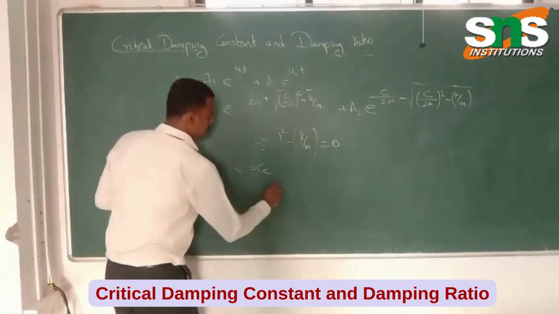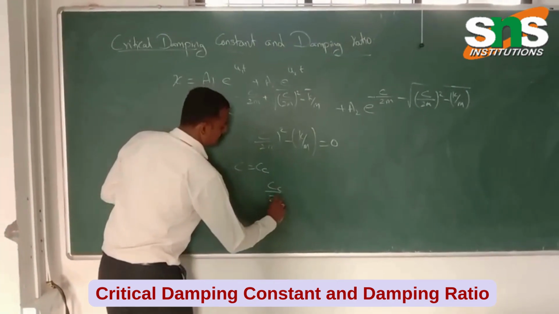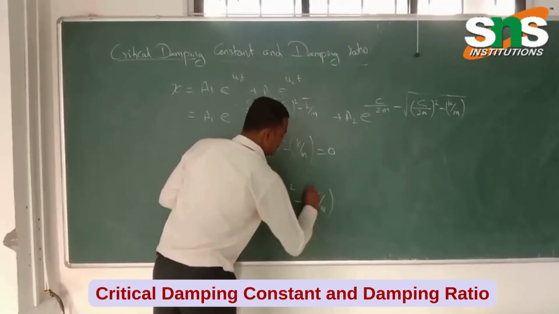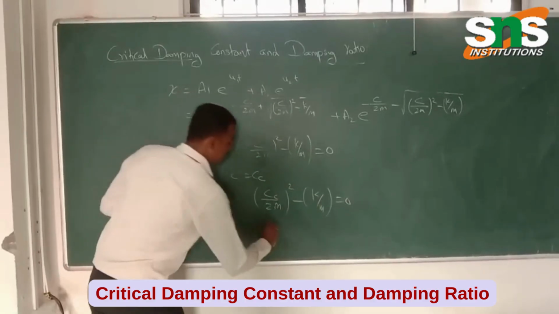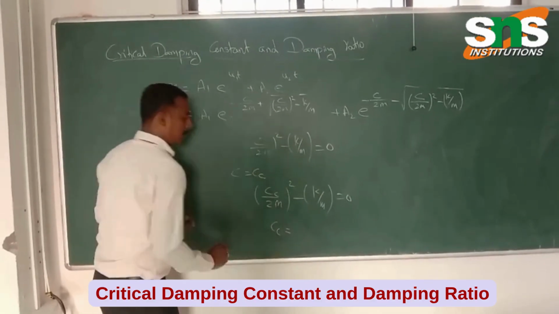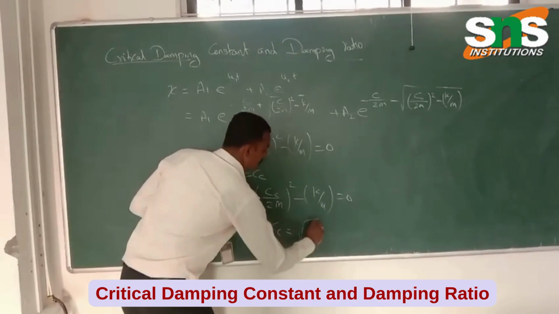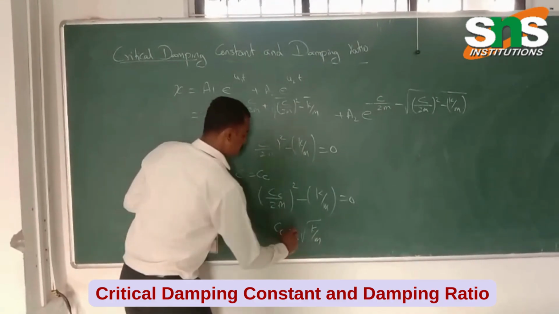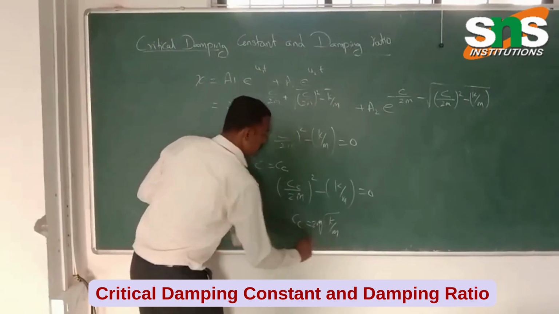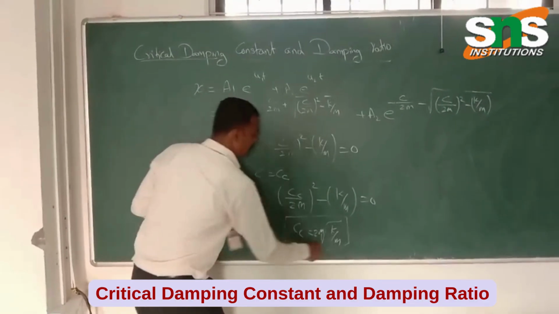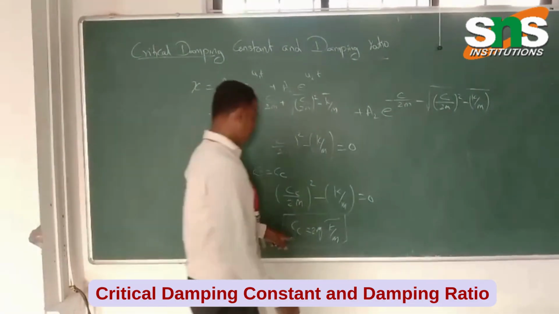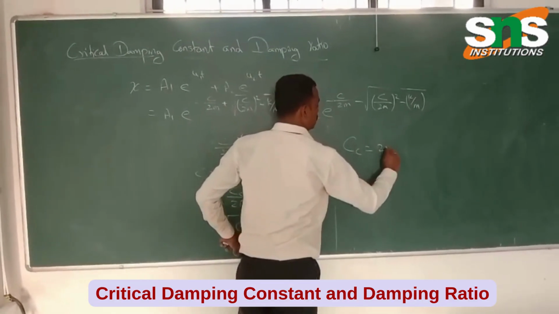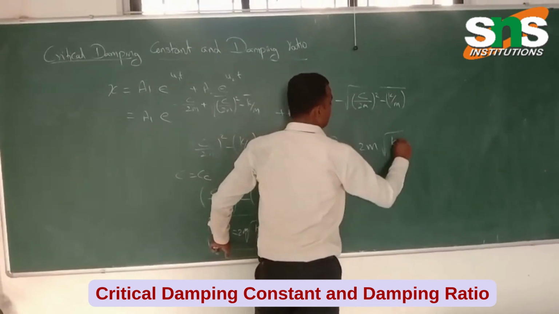So by replacing c equal to cc, (cc by 2m) the whole square minus k by m is equal to 0, and cc will be root of k by m into 2m. So this is the critical damping, and we can also write it as cc is equal to 2m root of k by m.